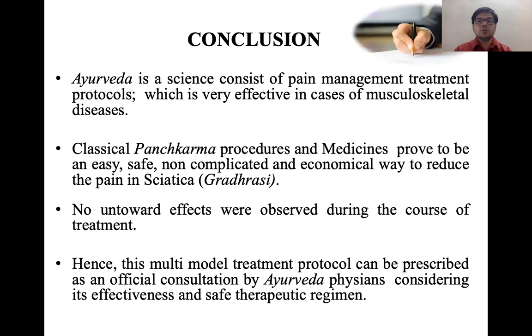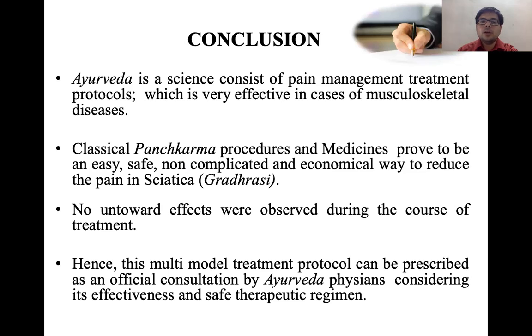To conclude, Ayurveda is a science that consists of pain management treatment protocols which are very effective in cases of musculoskeletal disorders. Classical Panchakarma procedures and medicines prove to be an easy, safe, non-complicated and economical way to reduce the pain in sciatica.